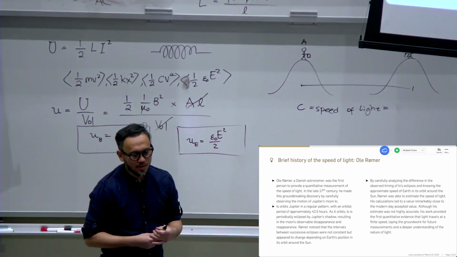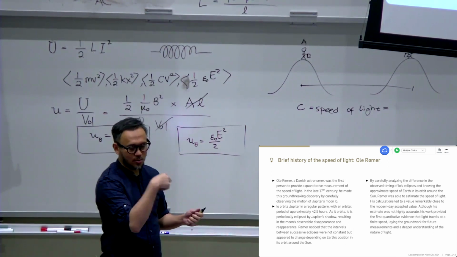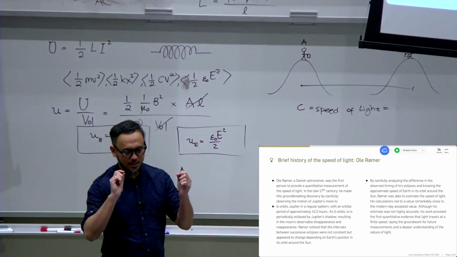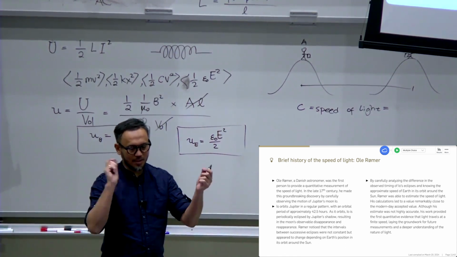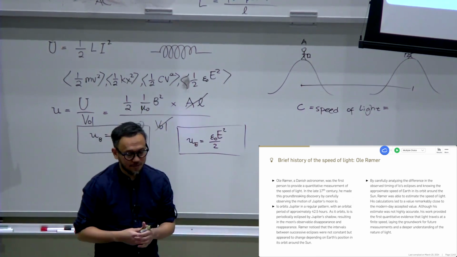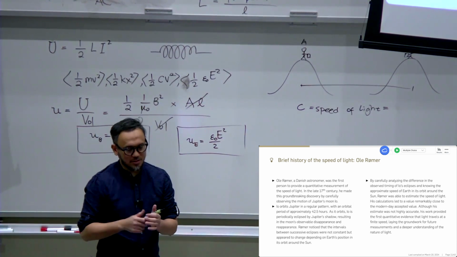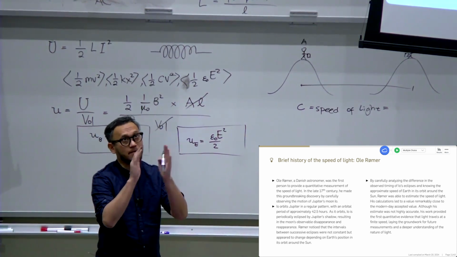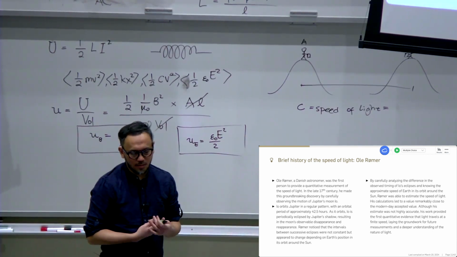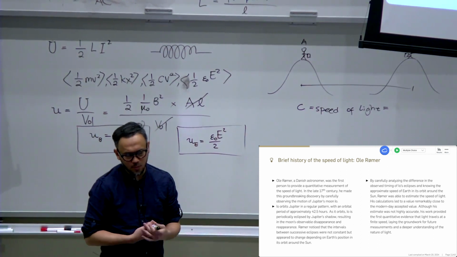And Rømer realized that the time between eclipses changes throughout the year, and he hypothesized it was because the distance between Jupiter and Earth changes throughout the year. And since he knows the difference of the distance, and he measured the time difference between different eclipses, he could measure the speed of light to within, I think, about a factor of 2, which is quite remarkable.